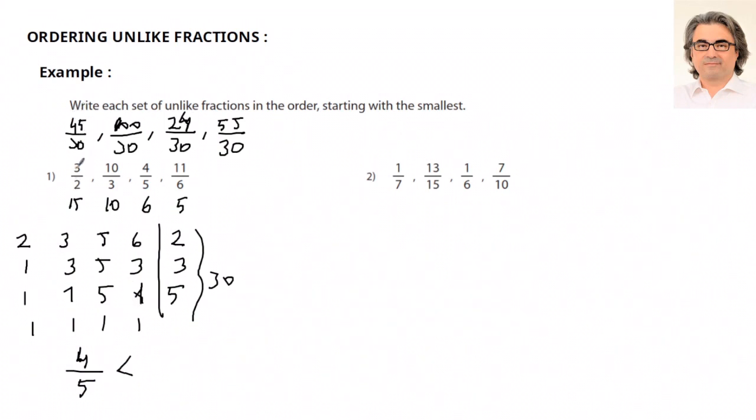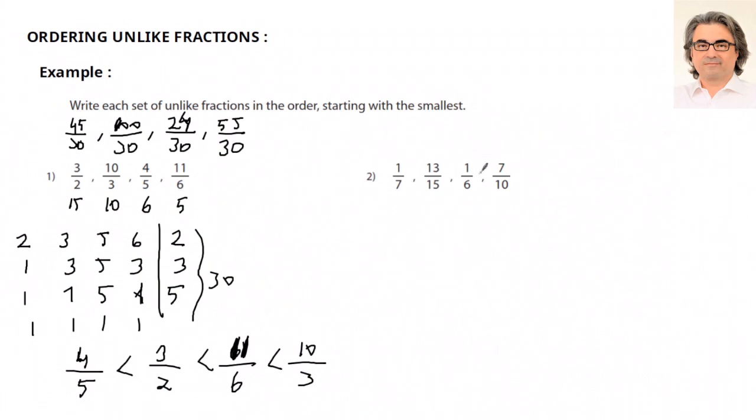It's 3 over 2, less than. After that, 55 over 30. It's 11 over 6, the simplest form. And the biggest one, 100 over 30. It's 10 over 3. I should write here its original form, or the simplest form given in the first question.